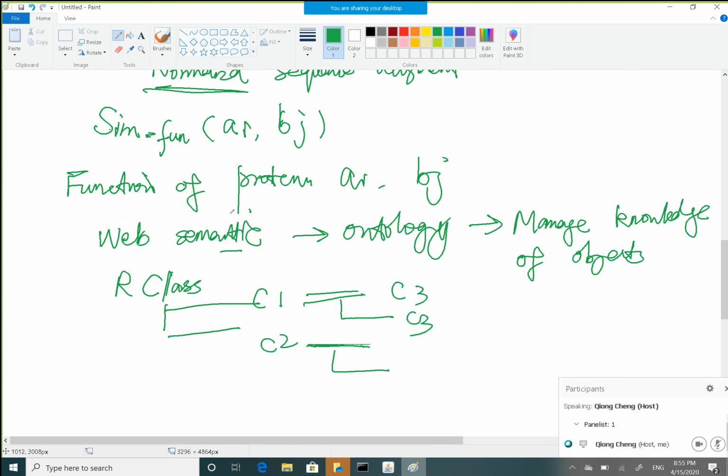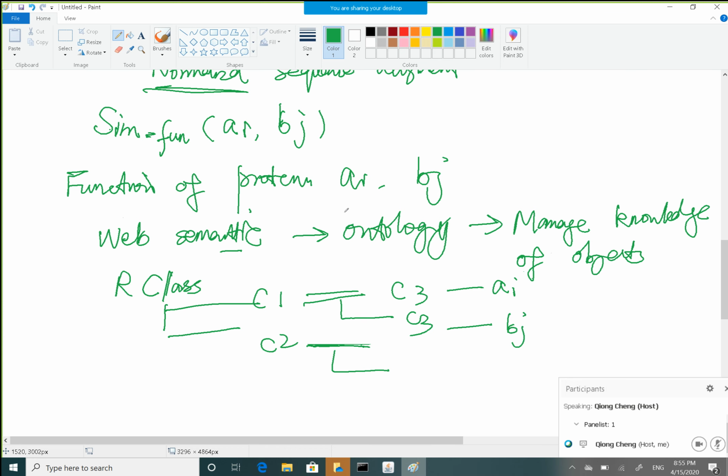So when you take a look at an ontology, a semantic function or semantic definition, it is just like a tree structure. Finally, you have AI here, and maybe BJ here, right?